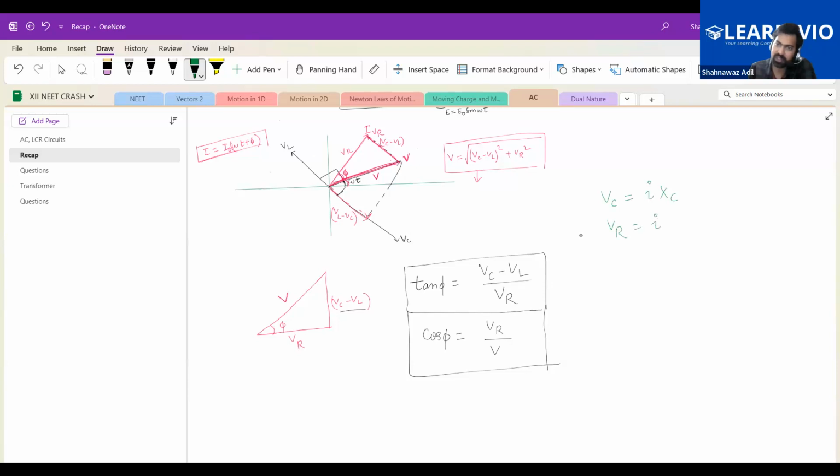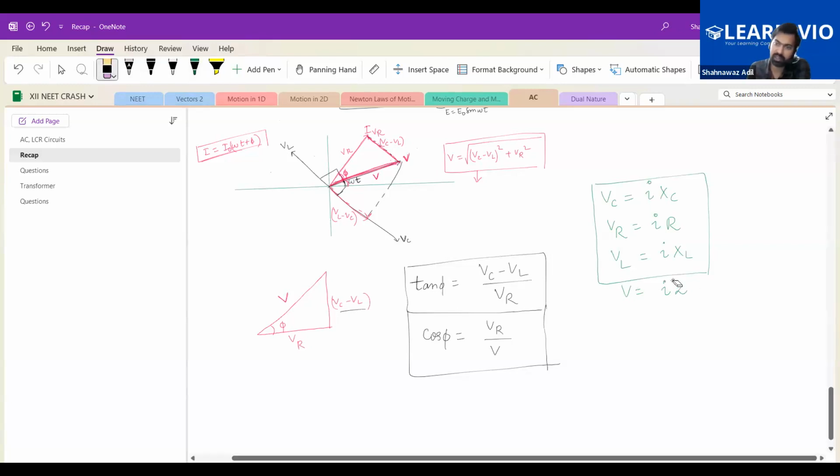VR is I times R. VL is I times XL, right? And we can write the overall voltage as I times Z.